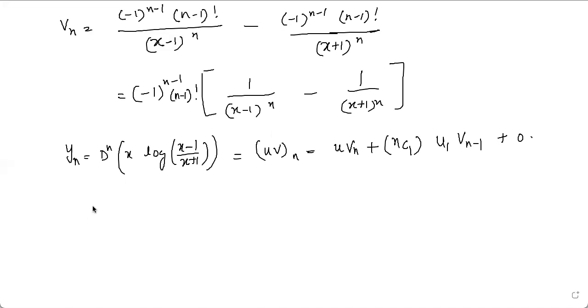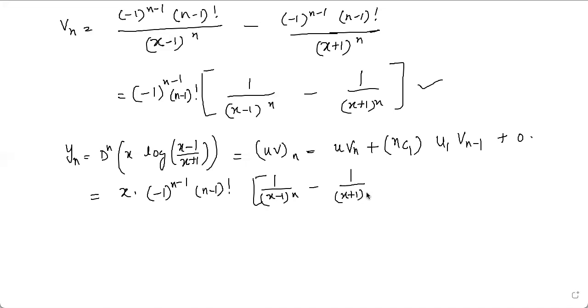Let us substitute. We got u as x and v_n as this whole thing. So (−1)^(n−1) (n−1)! into (1/(x−1)^n minus 1/(x+1)^n), right?